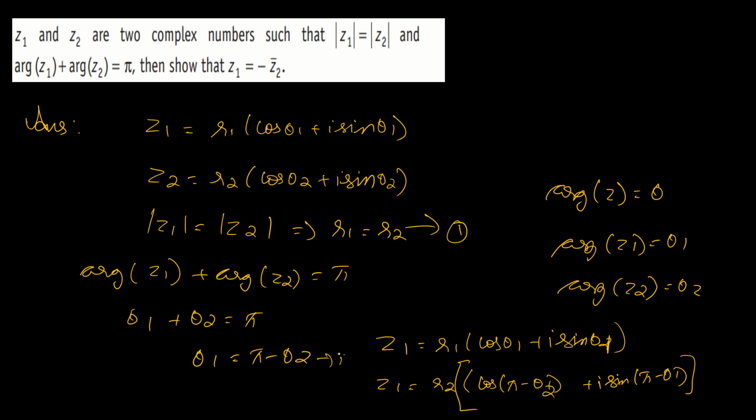So Z1 is equal to R2 (minus cos theta 2 plus i sin theta 2). Because this is 0, this is pi by 2, and this is pi minus something, here sine can only be positive, so cos will be negative.